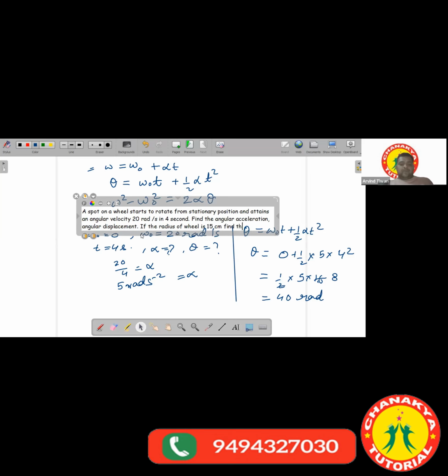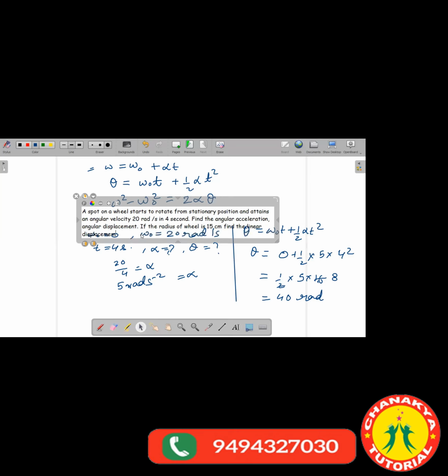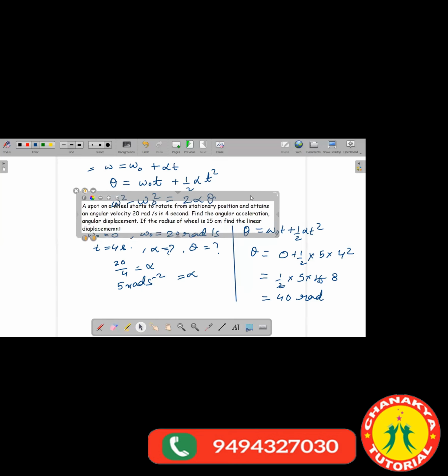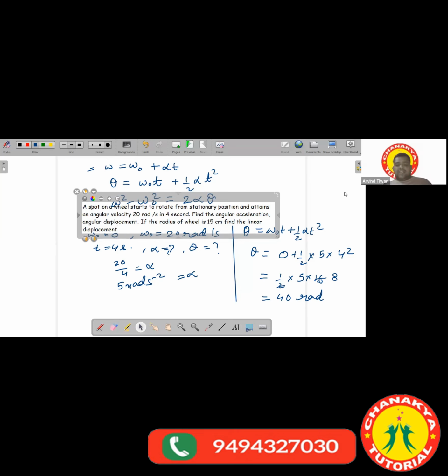Find the linear displacement. Can you do that? Let's see who can apply the brain.